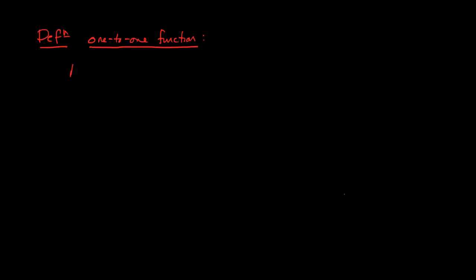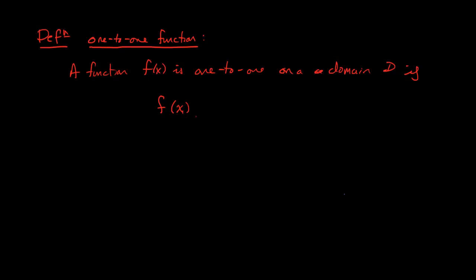We'll say a function f of x is one-to-one on a domain D if, and here's the interesting part, f of some value x1 does not equal f of any other value x2, whenever x1 does not equal x2.